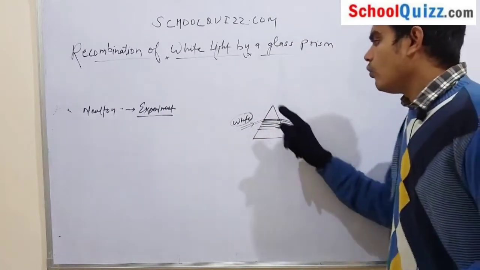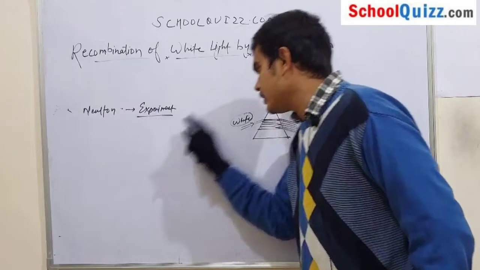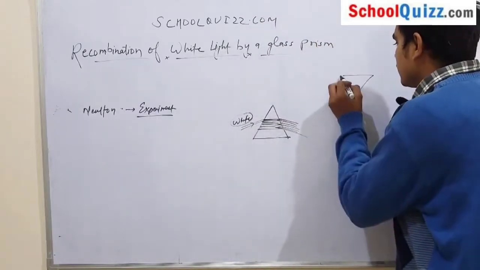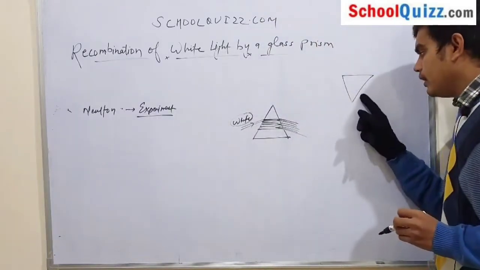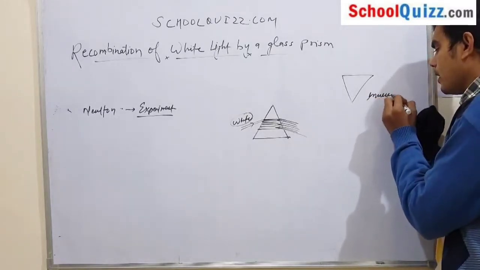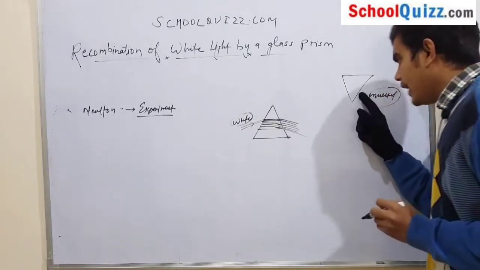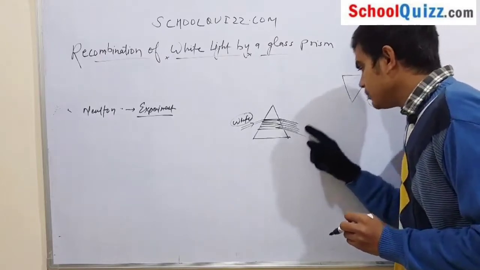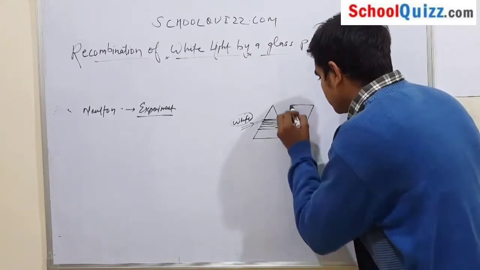But what Newton sir did in the experiment, he took another prism, an inverted prism, and put this prism beside the first prism.